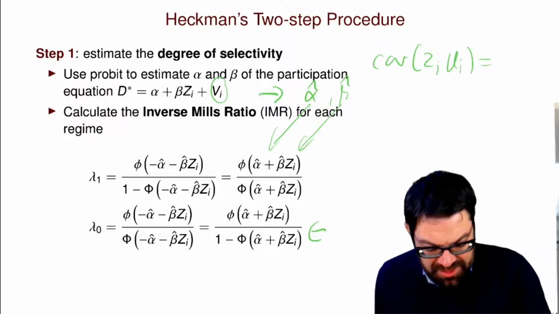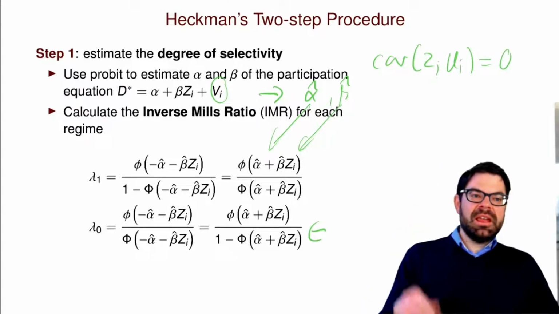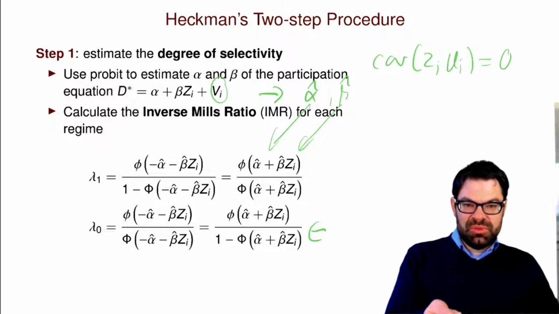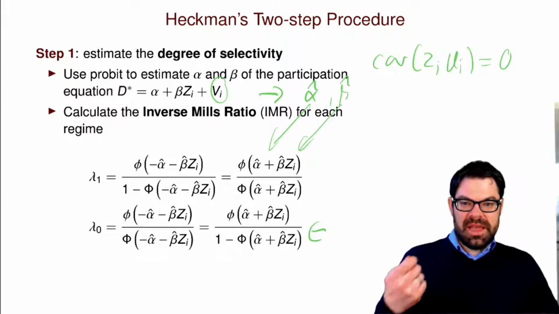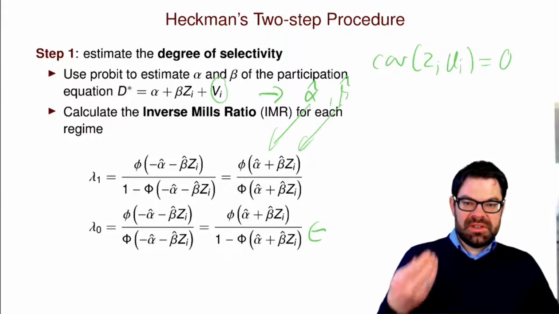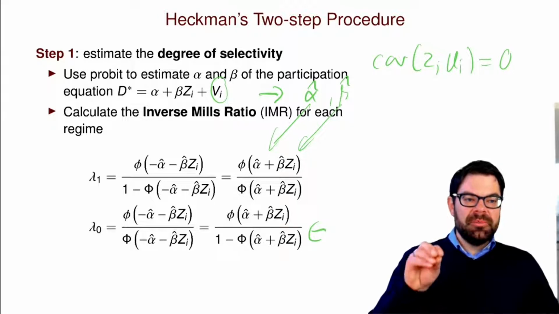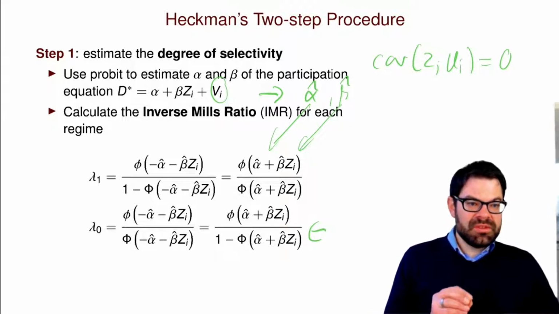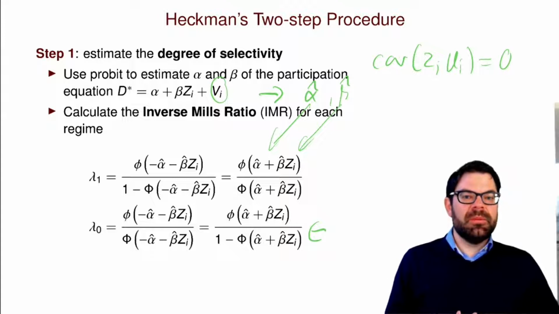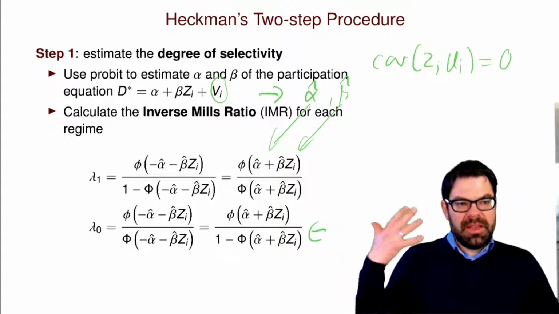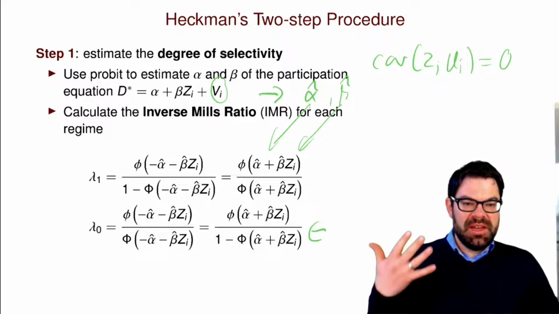So basically, we have to assume that the correlation between Z and U in the actual equation that determines the outcome is 0. Okay, so it's like with an instrumental variable, that's basically the equivalent to the exclusion restriction.